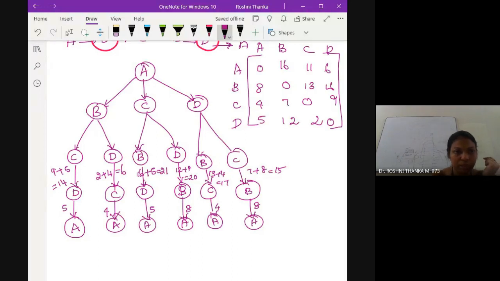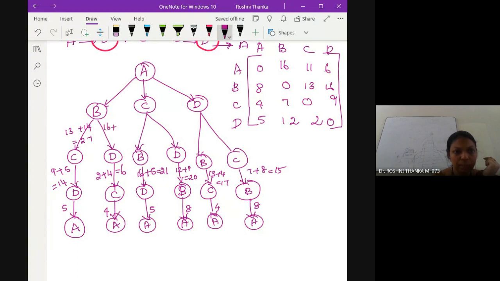Okay, so what is the cost of moving from B to C? B to C is 13. 13 plus 14, because from moving from C to A we already found, right? So 13 plus 14 is equal to 27. Similarly, from B to D it is 16.